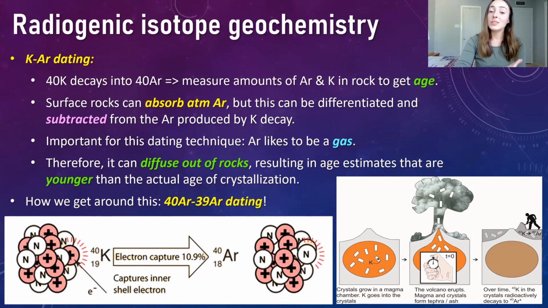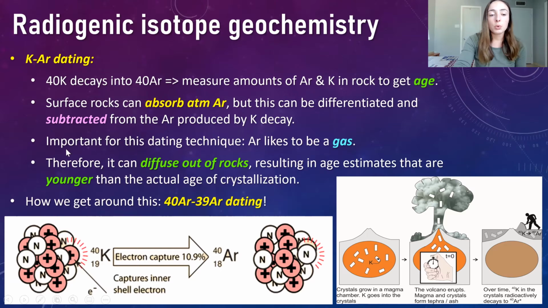Just like we showed on the previous slide with the red dots, or the parent isotope, in this case potassium-40, that decreased, revealing a lot of blue dots, or the daughter isotope, in this case argon-40, we can use those abundances to figure out the age of the rock. And we can use this because we know the rate at which potassium decays. That's something called a half-life I discussed in that previous video.